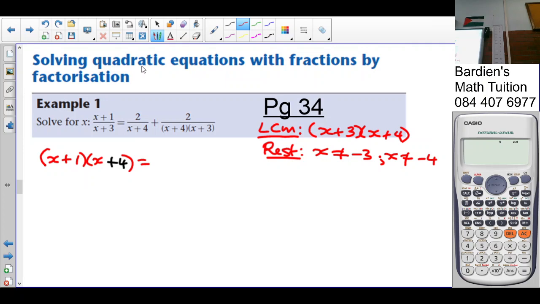X plus 3. So it's 2 into x plus 3. And the last fraction must be multiplied by what? Remember, multiplied by 1. So it will be plus 2 times 1. So you see now we got something we are very familiar with, not so?